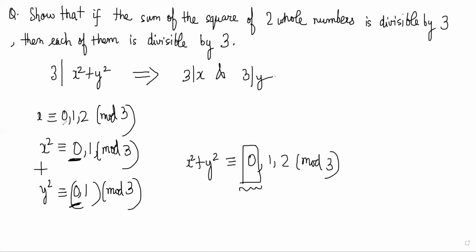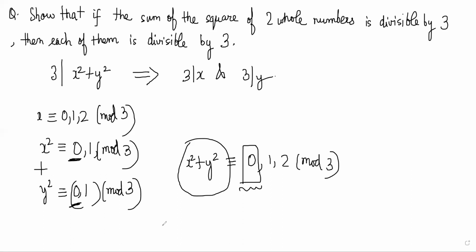So basically x and y must be divisible by 3. Only then can that happen. So this one was easy. In general, can we say something? No, I don't think we can make any claim right now.